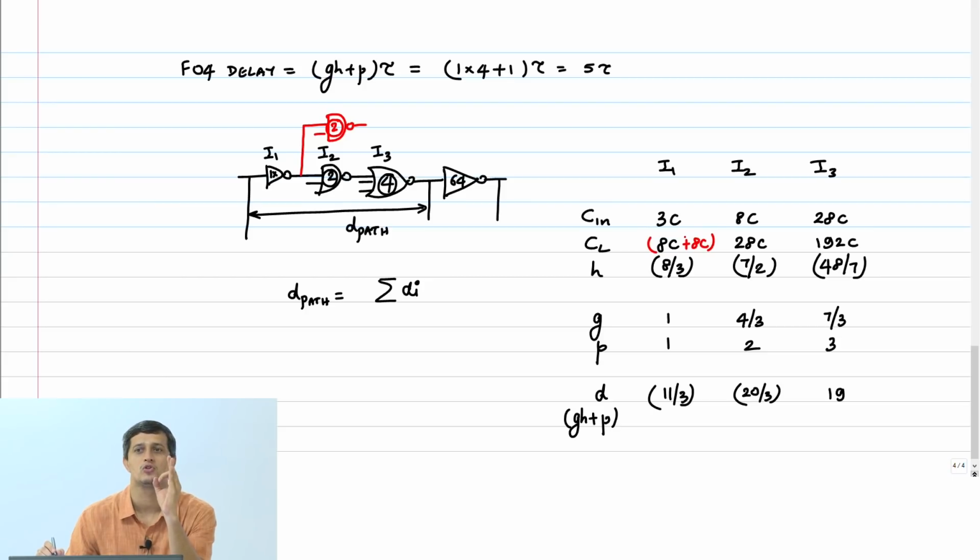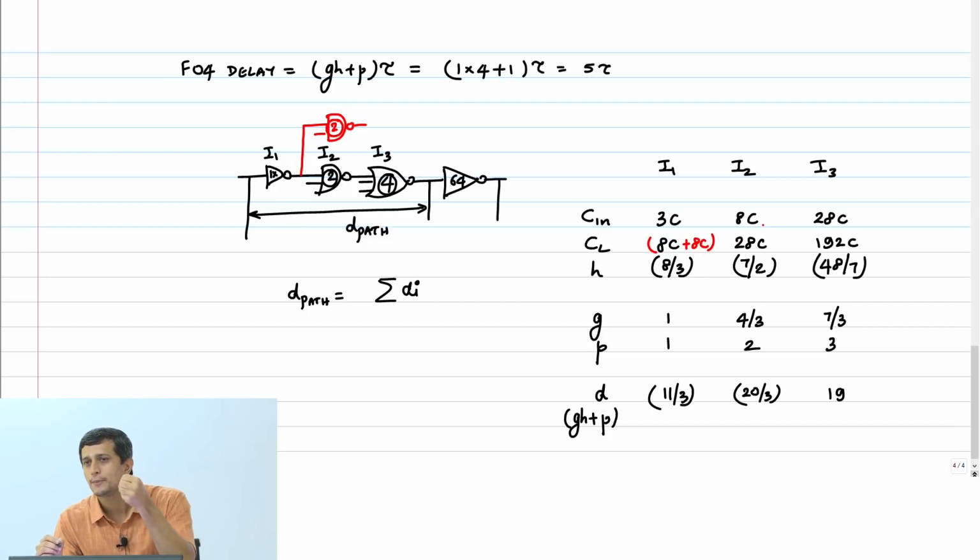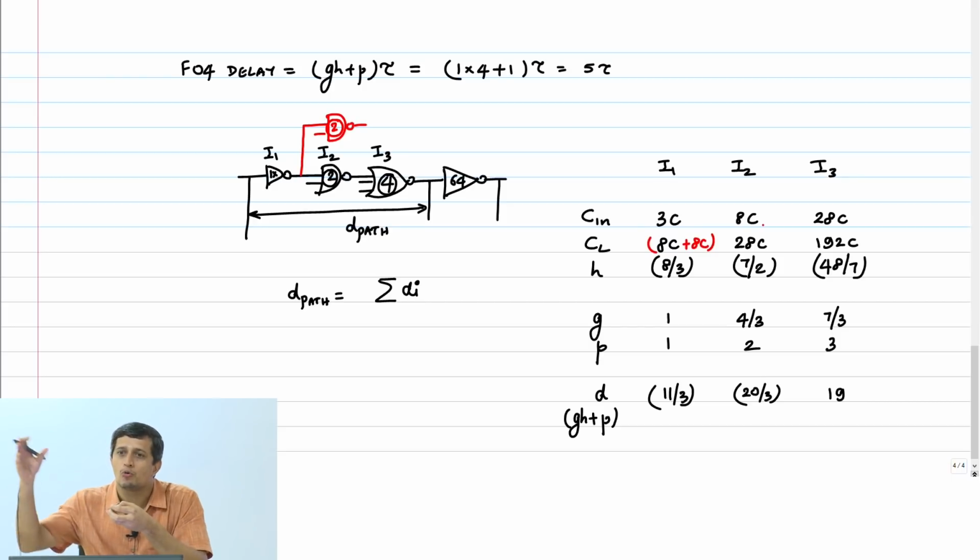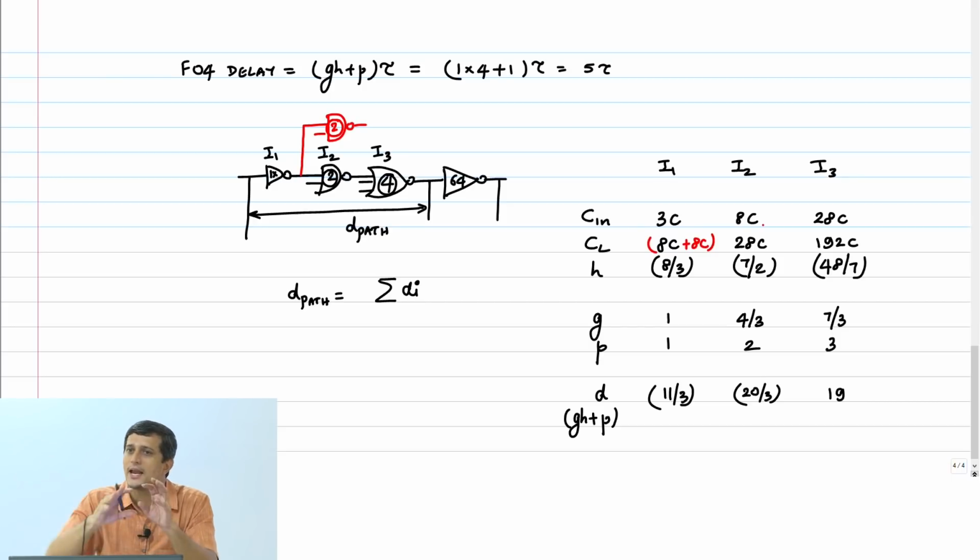That's the only thing you should be careful about, because remember that this C in, we are actually trying to capture the effect of the output resistance. That K that we got is how we wrote as C out by C unit. Now this gate is not contributing to charging this capacitance.